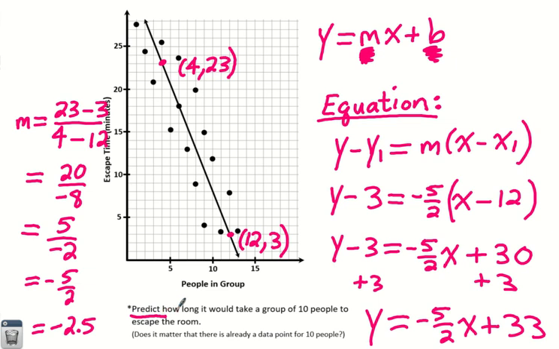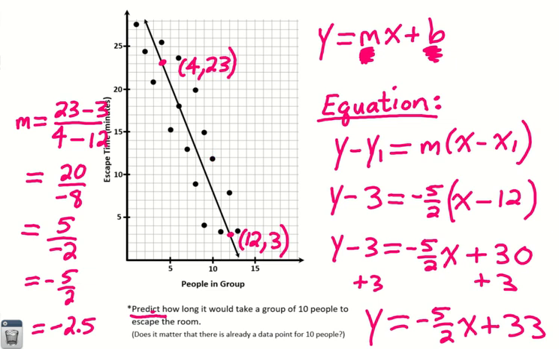Predict how long it would take for a group of 10 people to escape the room. Well, look, check it out. Sometimes this type of question is as easy as looking at your graph. Okay, 10 people. And this is always going to be based on your line of best fit. I know there's actually already a point there for 10 people.